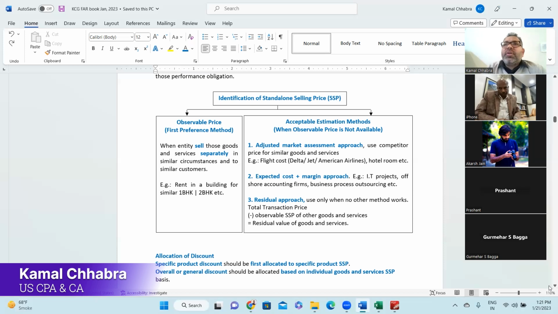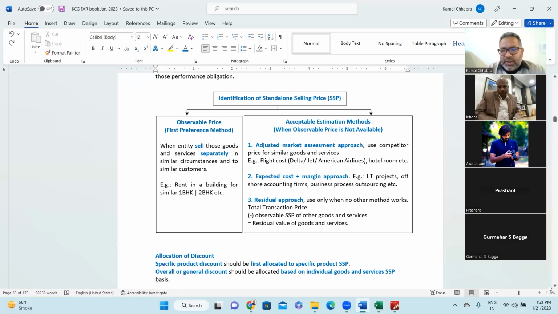For example, if you go to Goa in December, it's peak travel season, and you will not get any five-star property for less than $1,000. But if you go during the rainy season, it's completely free, and you can easily get one for $100. So there are so many factors.